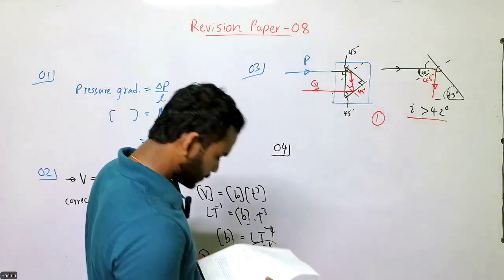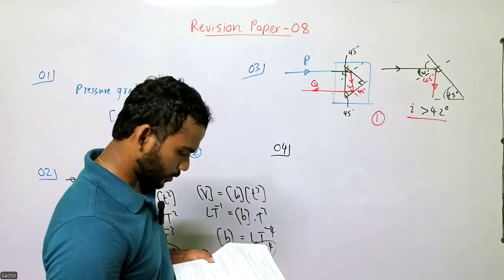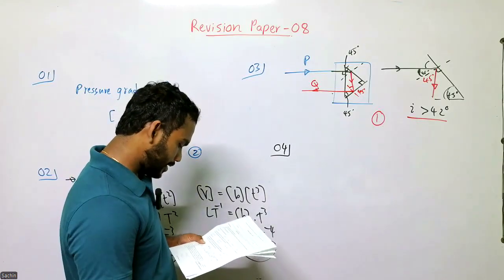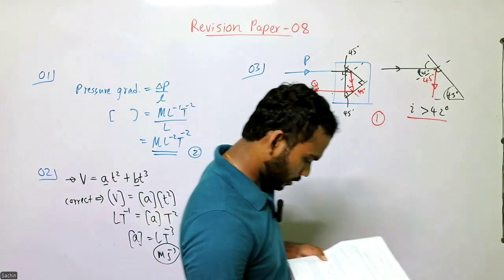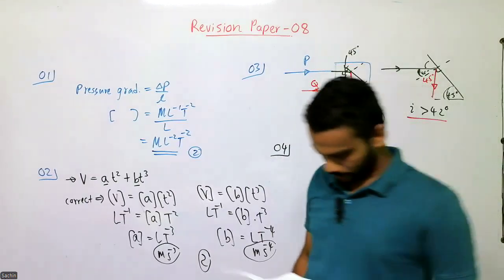Then the fourth one: a block of mass M having charge Q is placed on a smooth horizontal table and is connected to a wall through a spring of constant K, which is initially unstretched as shown in the figure.